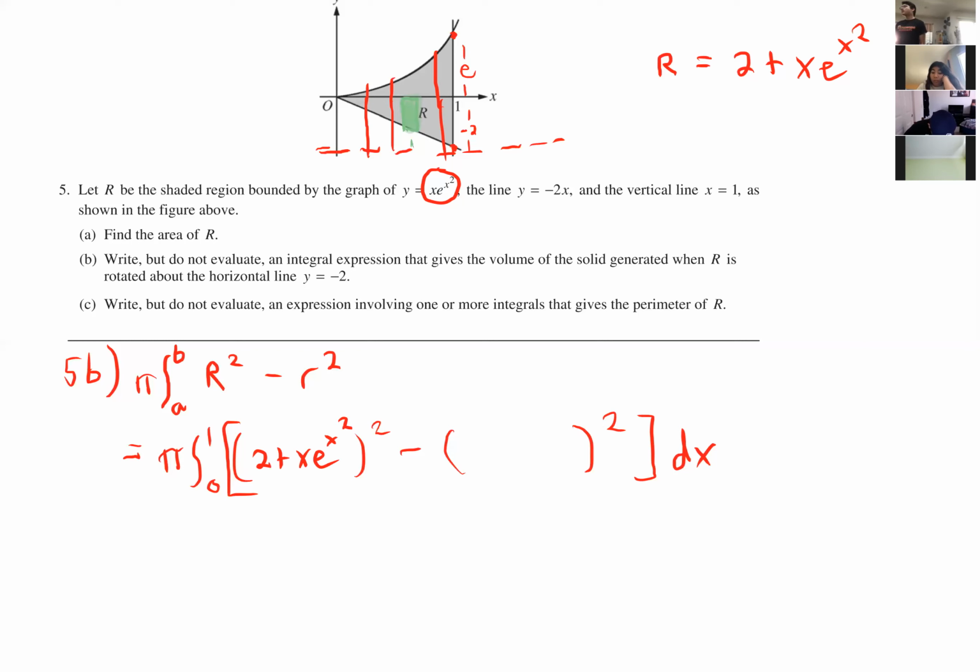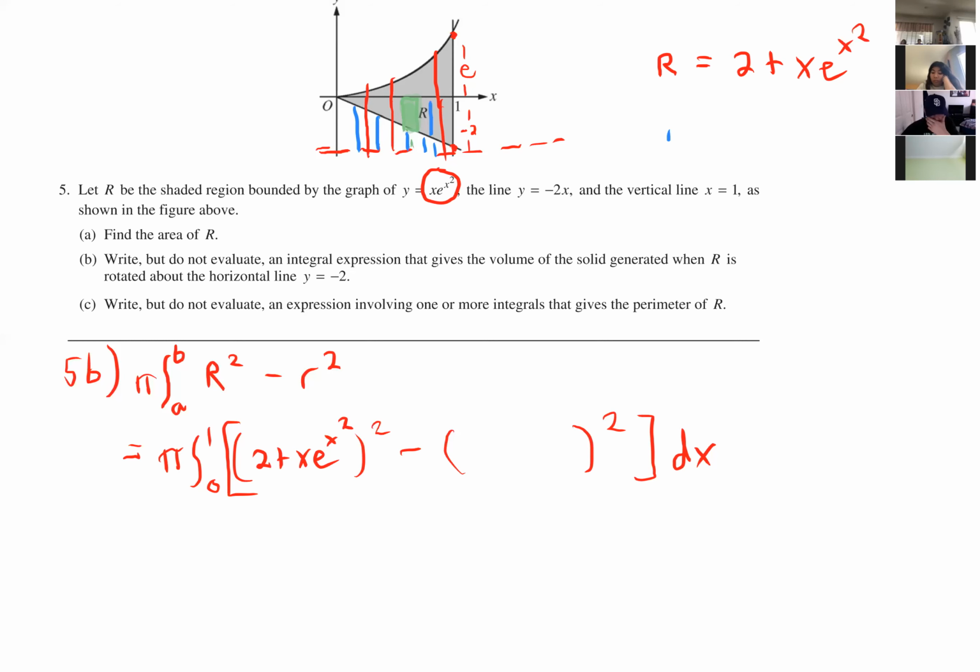For the little radius, I'll do that in a different color. It's always going to be the hole. So see, it's changing again. So you need an expression to represent all of those blue lines. So what you're going to do is take this entire distance and then subtract the y-coordinate of the line.